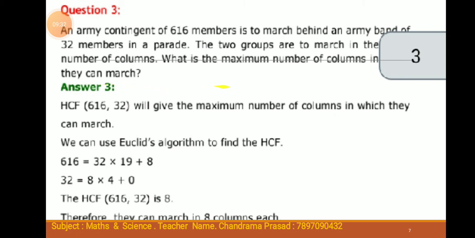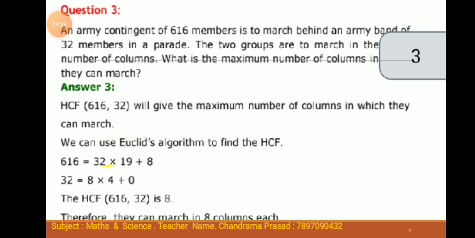What is the maximum number of columns in which they can march? It means we have to find the HCF of 616 and 32, which gives the maximum number of columns in which they can march.